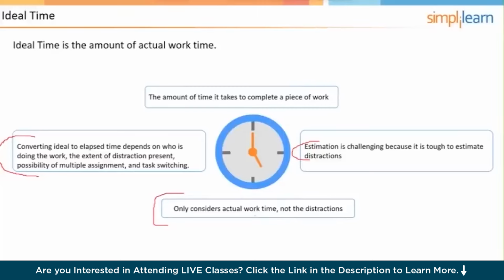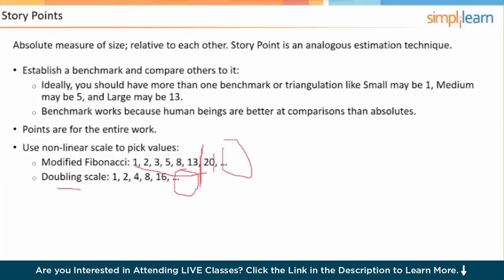Now, when it comes to user stories that we're using story points for, it is different. The points are for the entire amount of the work. And why might we need to have some extra time for a user story? Well, it's likely going to be driven by uncertainty. There might be other things that impact it, but that's the main thing.